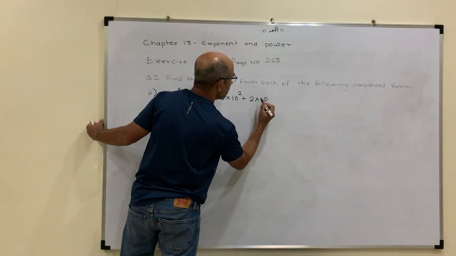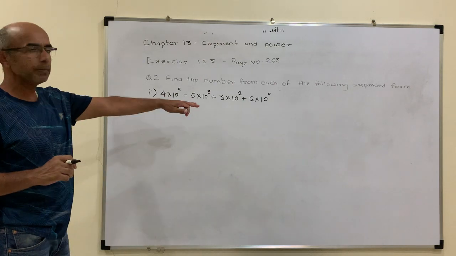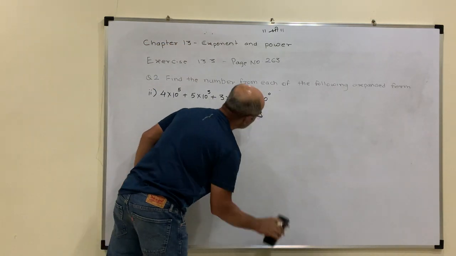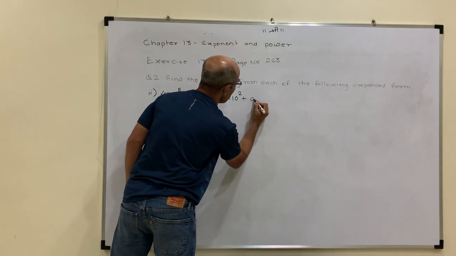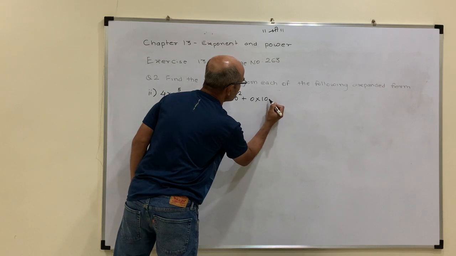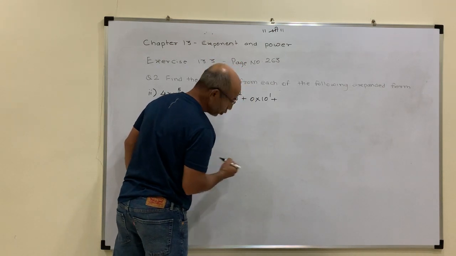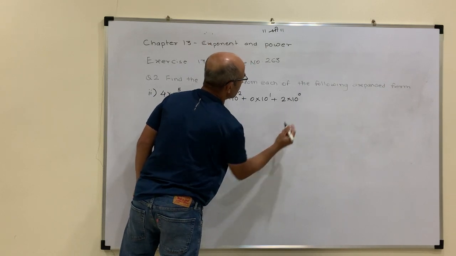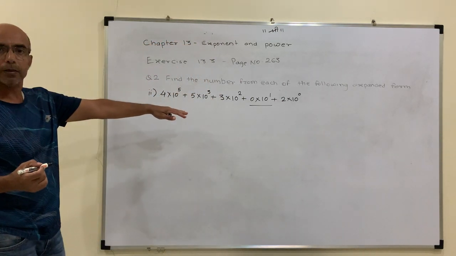So here one term is missing, that is 0 into 10 raised to 1, plus, and the last one is 2 into 10 raised to 0. This term is not given, but we add that one.